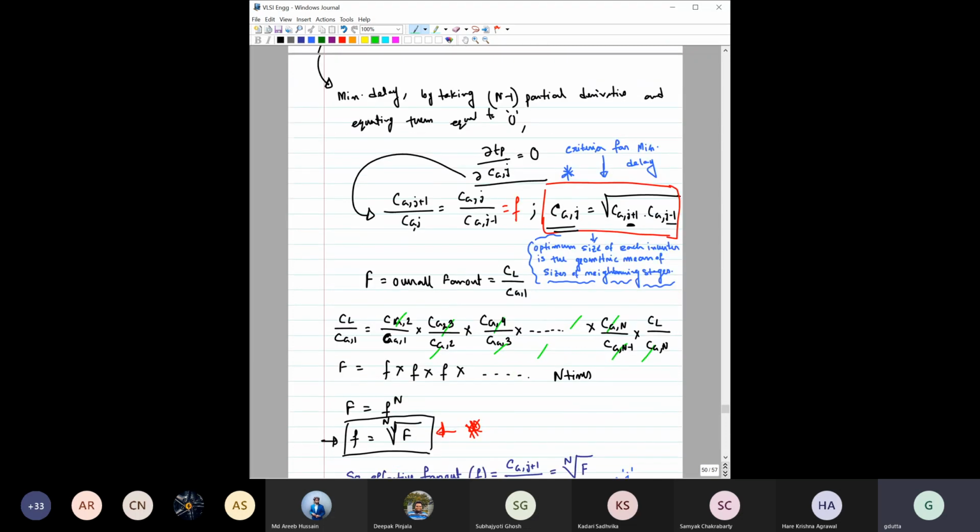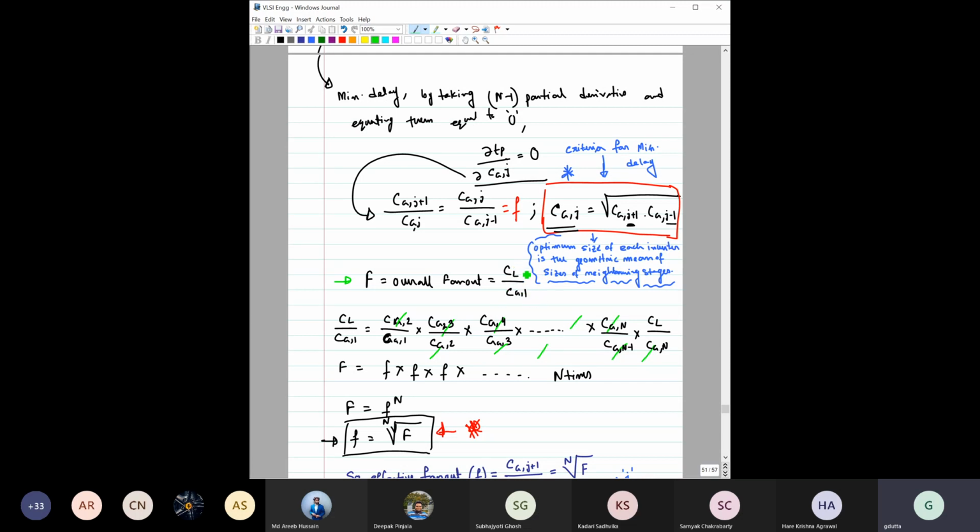Now if you know this criteria, then what is the overall fan out? Finally we have to find the total delay, so we are approaching towards that. So what is the total overall fan out? Overall fan out means the C load that we are driving divided by the initial gate capacitance, which is Cg1.